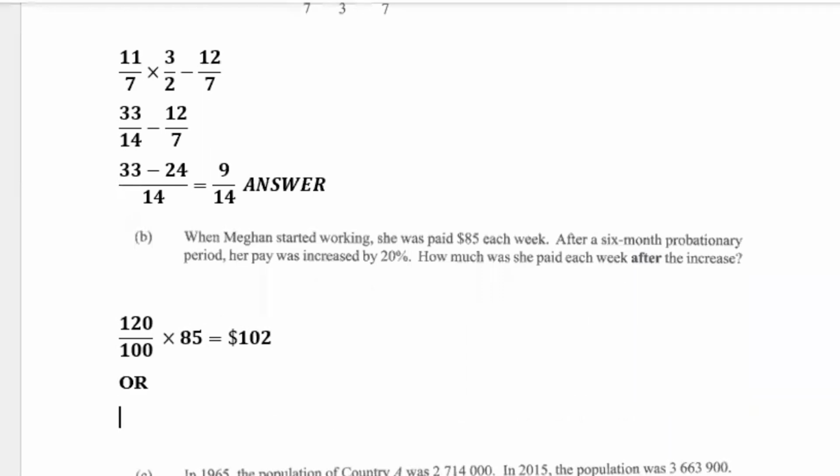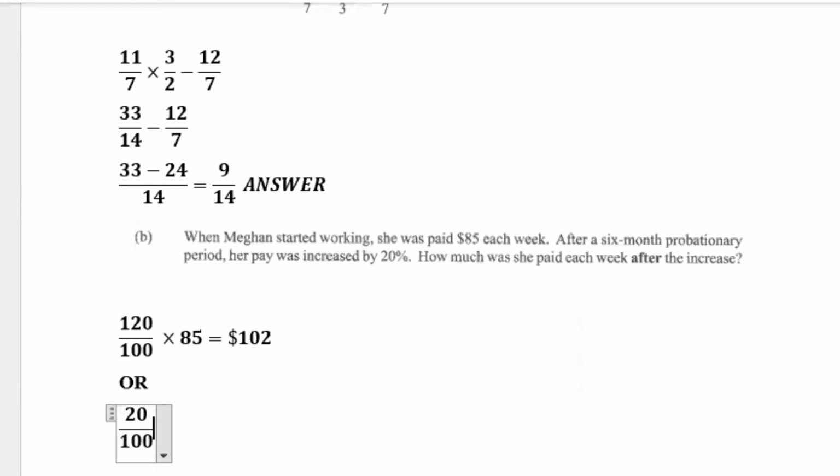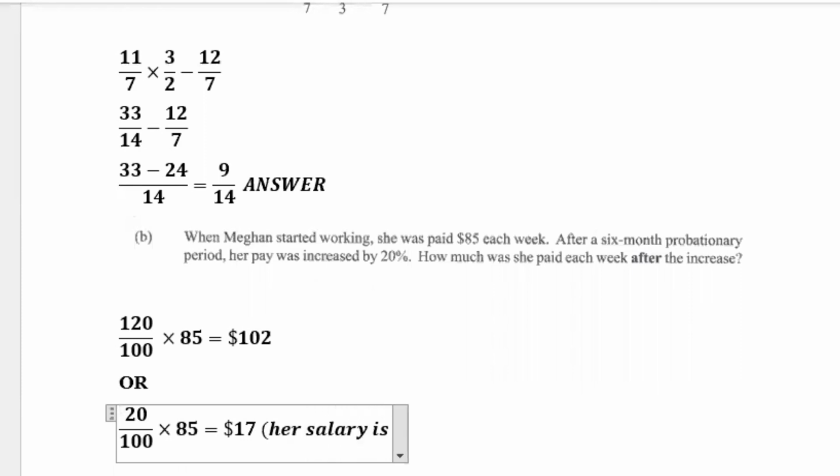we could say, okay, if she's making $85 per week, if her salary is now increased by 20%, what we can do is then to find 20% of 85. So it would be 20 over 100 multiply by the $85, and that will give us $17. So her salary is increased by $17.